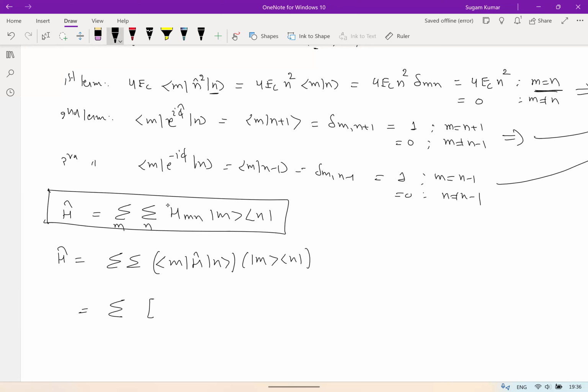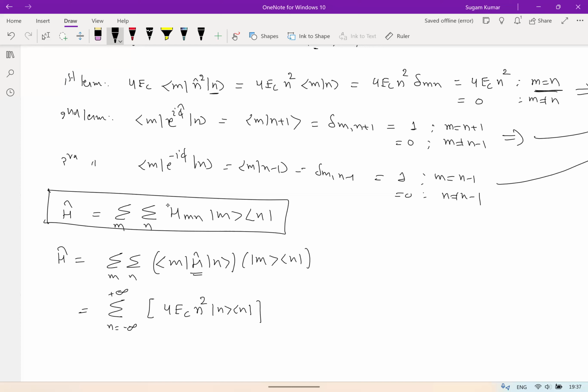And now if you put the value, look at here. Because now I'm going to put the value of m, and in this case I've already taken care of m equal to n, or n plus 1, or n minus 1. So the summation will not go with m, but only with n. And this is going to become 4 times EC n squared |n><n|.